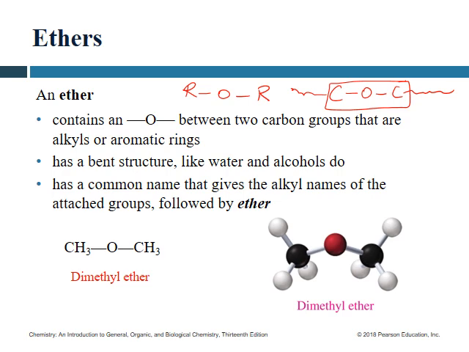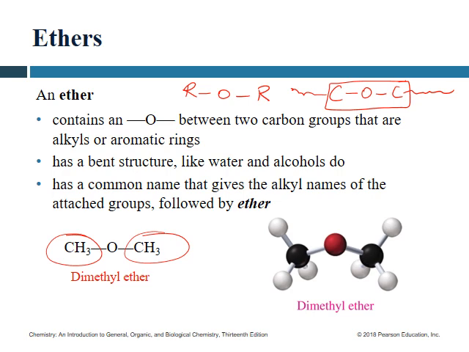This usually has a bent structure just like water and alcohols, something like this. Okay, and it has a common name that gives the alkyl names of the attached groups followed by ether. So usually in this case, instead of learning our IUPAC naming system, we are going to learn the common names. How do you name them with the common name? You simply first see that this is an ether, then you figure out what is the group present on one side of the oxygen, and what is the group present on the other side.